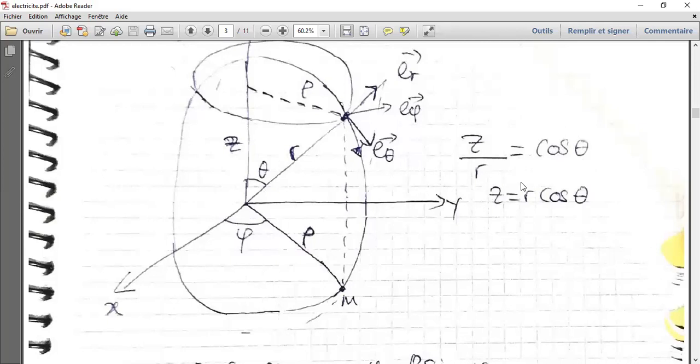I don't know if it's clear or you have any questions there. Basically, that's where the formulas come from. Is there anyone with any question? Hello?